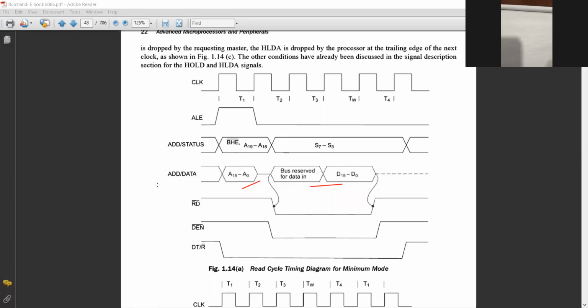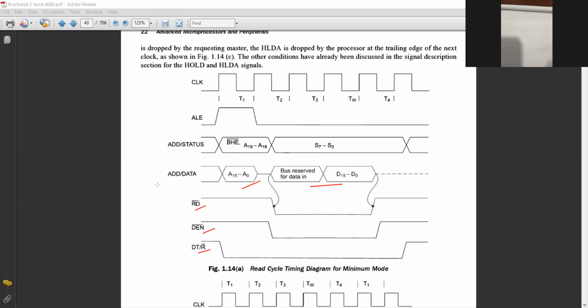In that particular time duration, the read bar signal is low, as well as DEN bar also low. So it's a data enable. And DT/R bar, what is the function of DT/R bar? Data transmit/receive.